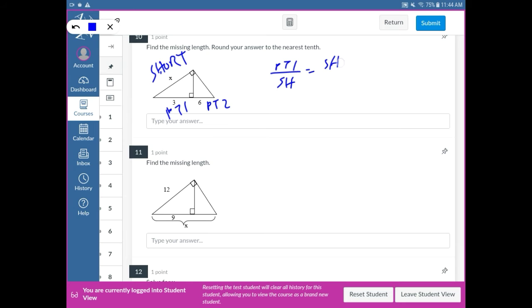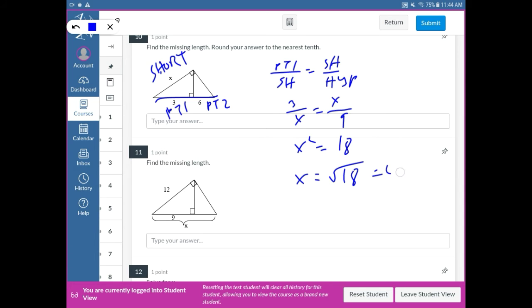Part 1 divided by short equals short over hypotenuse. So part 1 is 3, short is x, hypotenuse is 9, because you just add those two together. 6 plus 3 is 9. So 9 times 3 is 27, x times x is x squared. So x squared is 27, which is 5.2.